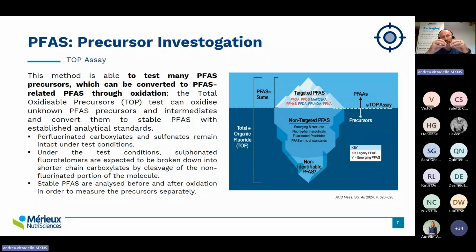It's a sort of forced oxidation, forced degradation on your packaging, and then you check again the target analysis of chemicals. I try to break down at maximum level the potential precursors, and investigate what are the chemicals that after these precursors will be potentially released into the environment. Therefore, it is a combination between target analysis and a pre-step of total oxidation.